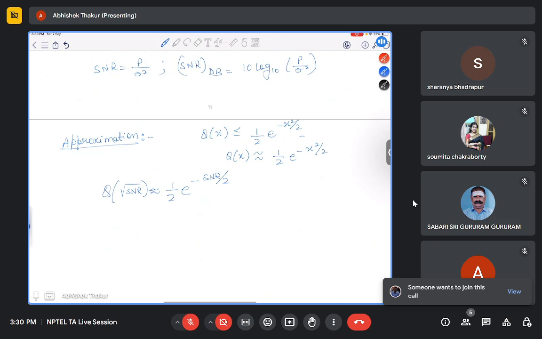So it was very simple. So we'll solve a simple question. After that, we will go for bit error rate of quadrature phase shift keying.